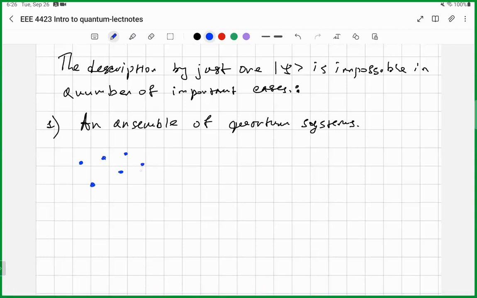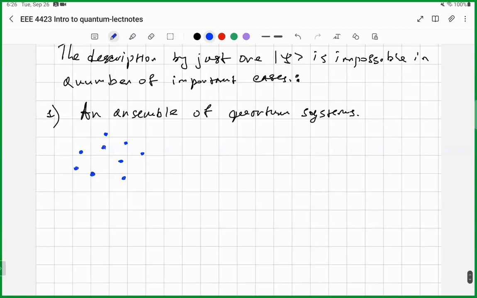They can be isolated, not interacting, and each quantum system gets its own quantum state. Okay, psi1, psi2, psi3, psi4, etc., psi-n.